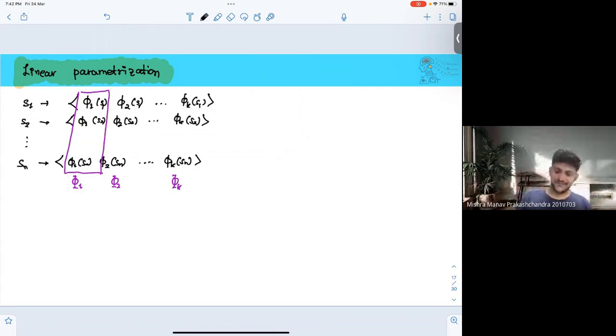So one way I can approximate my value function v hat of s comma theta is by taking a dot product of the phi representations and multiplying it with the appropriate parameters theta. So it's just theta transpose phi of s. I've just multiplied two vectors here. So it's like a dot product of all the individual phis which are weighted by the respective parameters theta.